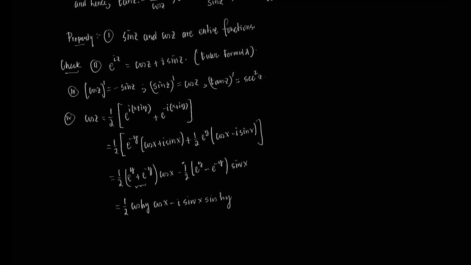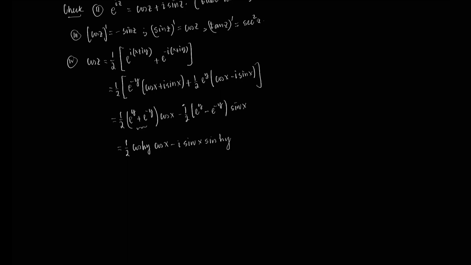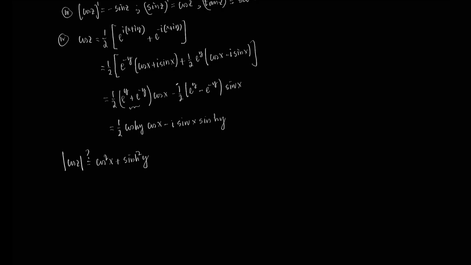Clear? Okay. If this is the case, you can show that the modulus of cosine z is nothing but cosine square x plus sine hyperbolic square y. Please check this part; this is true.